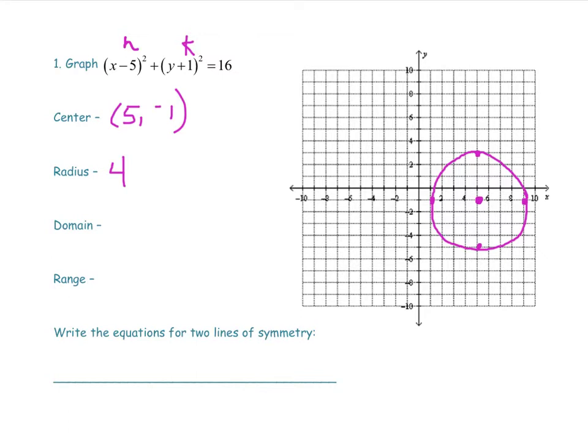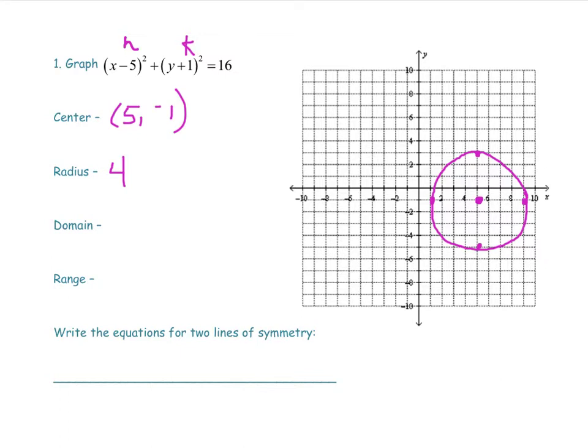And now that we've drawn our circle, it's going to be very easy for us to find the domain and range. Now with circles, our domain and our range will never have infinity because as you can see, the curves that make this circle do not go on infinitely in one direction or another. We would call this a closed shape.